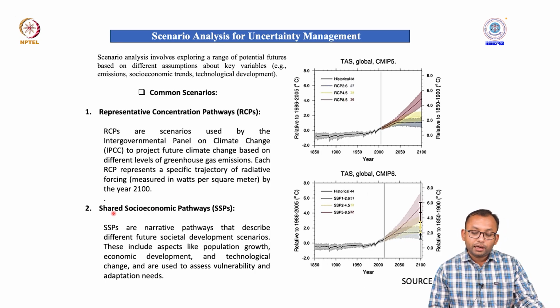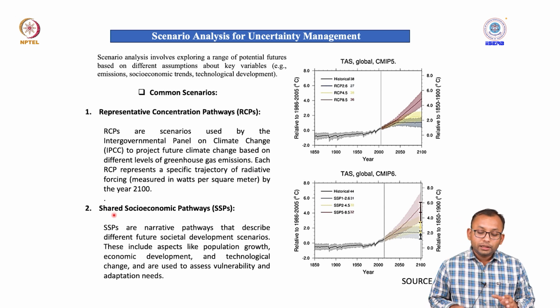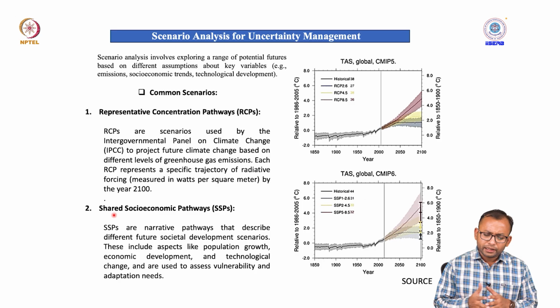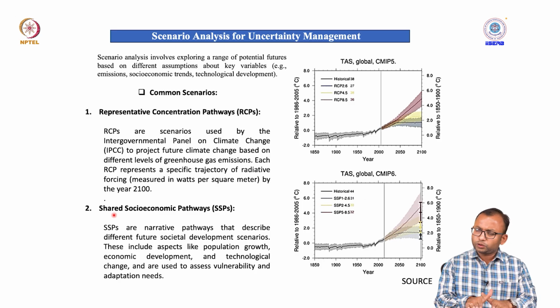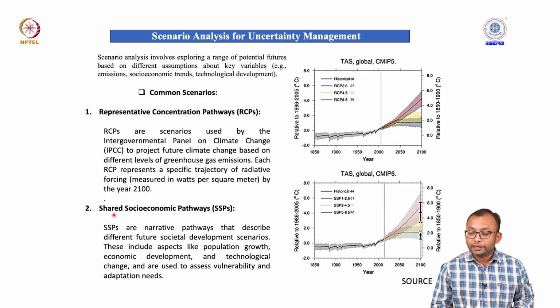For example, the CMIP6 report of IPCC is using the shared socioeconomic pathways. They have slightly amplified or corrected the RCPs. Here they have also incorporated the socioeconomic growth of different regions of the world, and therefore they are calculating the associated uncertainties.